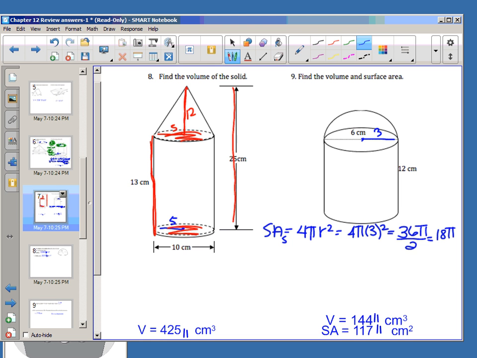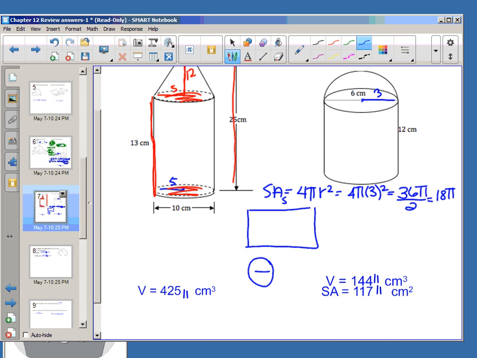And the surface area of the cylinder is a little bit trickier. I have a rectangle and I have a circle on the bottom. The radius of the circle is 3, so that's a total of 9 pi. The height of the rectangle is 12. And again, recall the length of the rectangle is the circumference of the circle, which is going to be 2 pi r.